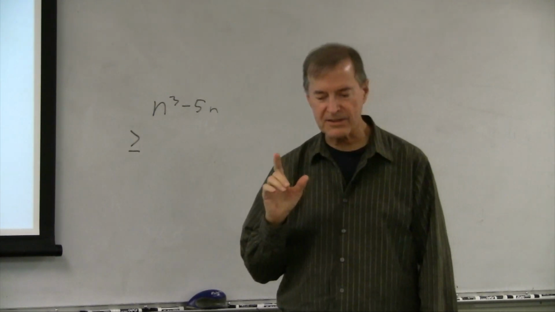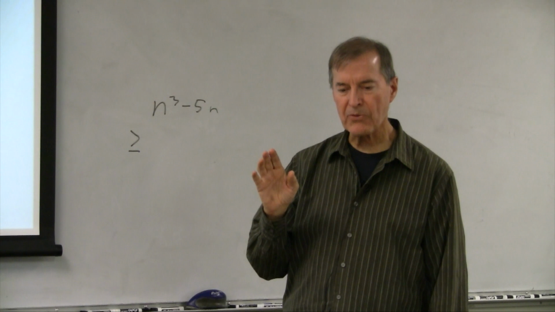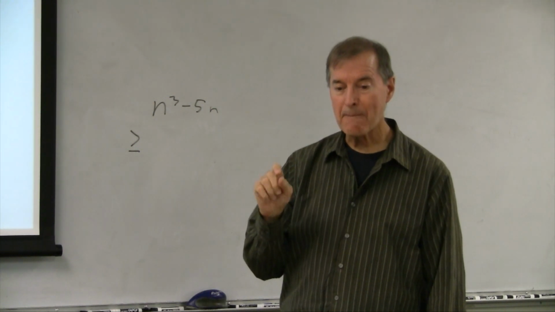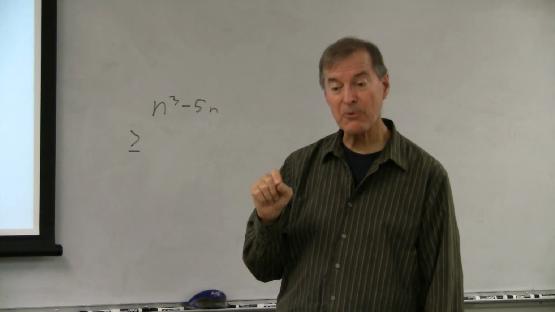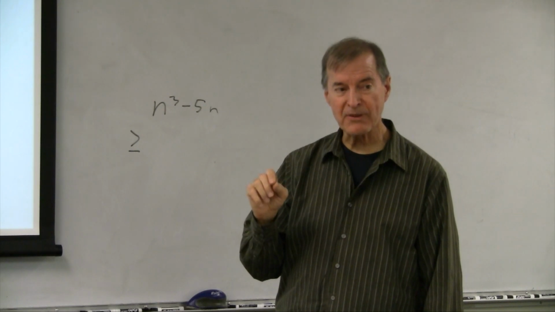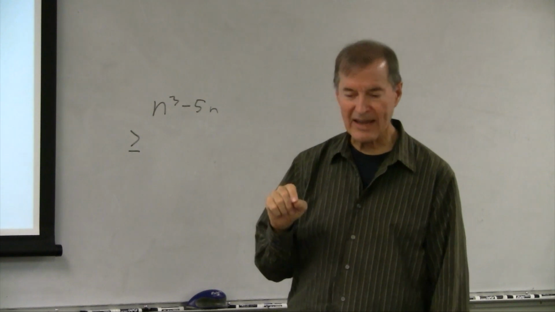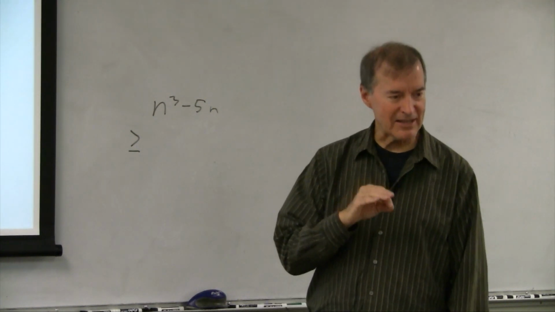Now here's the thing. Let's remember this. What about c and n naught? They both have to be positive. It can't be 0, but it is allowable for c to be less than 1.